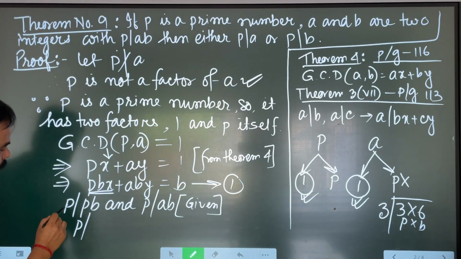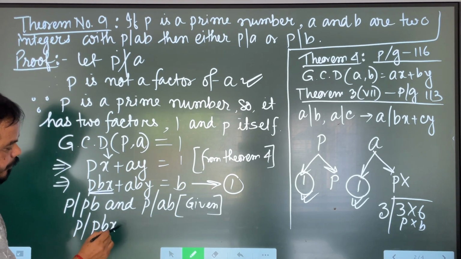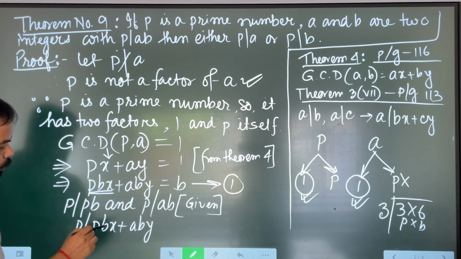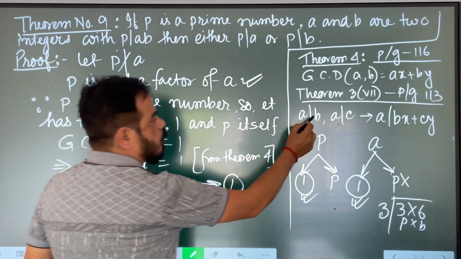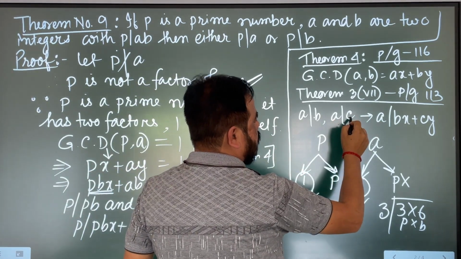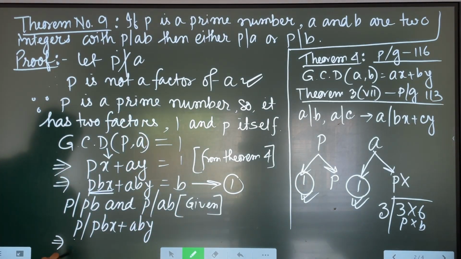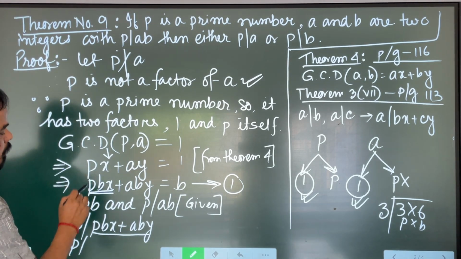P divides PB, and P divides AB, so P divides PBx plus ABy. With the first term x is included, with the second term y is included.